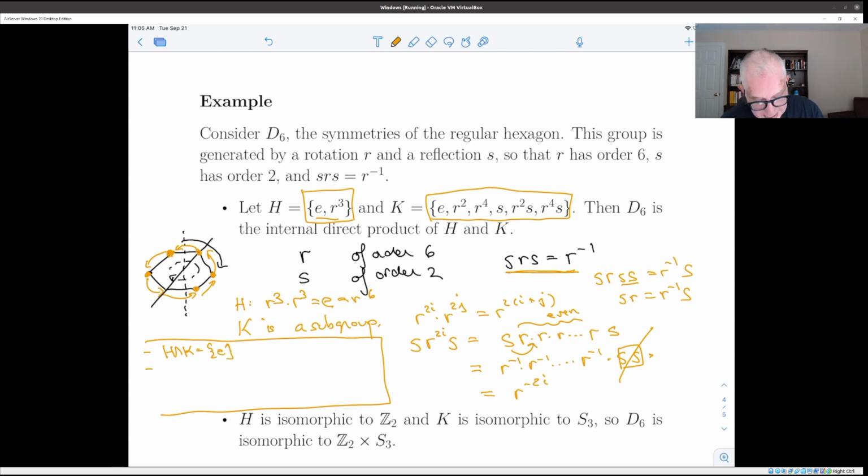We need to check that every element of G is a product, HK.